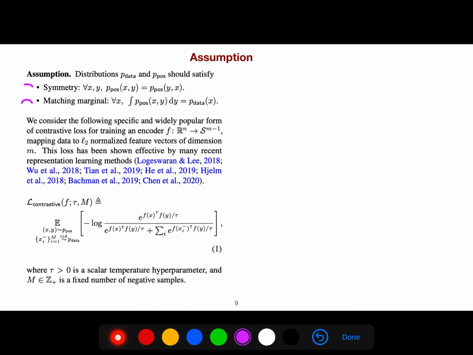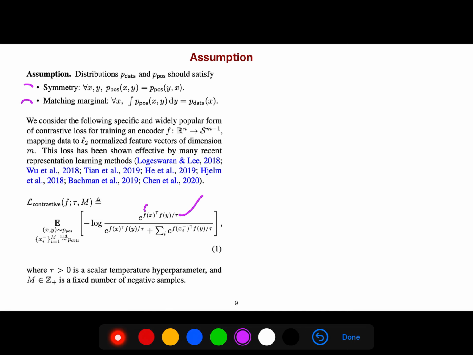Then we consider the following specific and widely popular form of contrastive loss for training an encoder. We go from R^n to the hypersphere, and this loss has been shown to be effective by many recent representation methods. So f here maps onto the hypersphere. It's not just the classical approach, but we are working on the hypersphere.